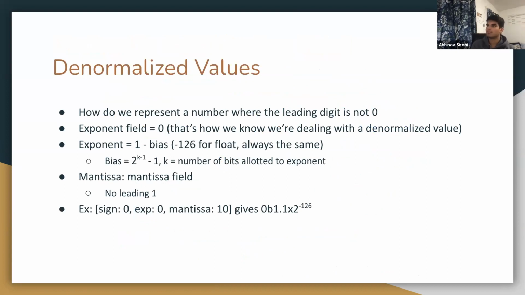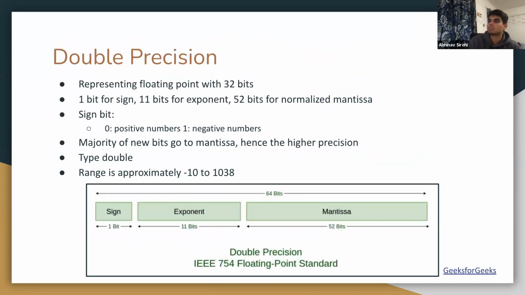So this is how you represent a number where the leading digit is not 1. And in this case, we have some rules as well, just as we had rules in the normalized values.